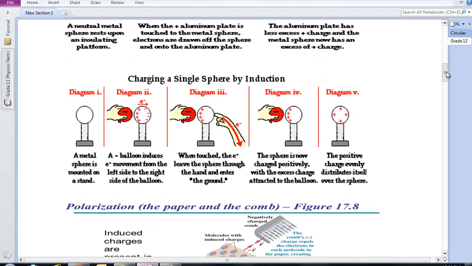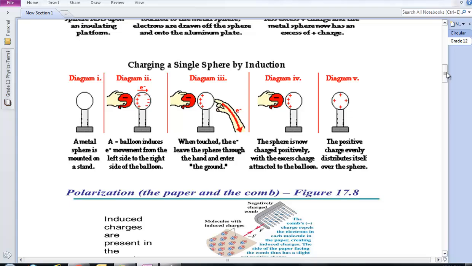The second way of charge is induction, and induction is an indirect charge, or charging with no direct contact, and it takes place only for metals. So we can just write this here: it is only for metals or conductors. The induction is for metals or conductors only. How can we charge by induction?